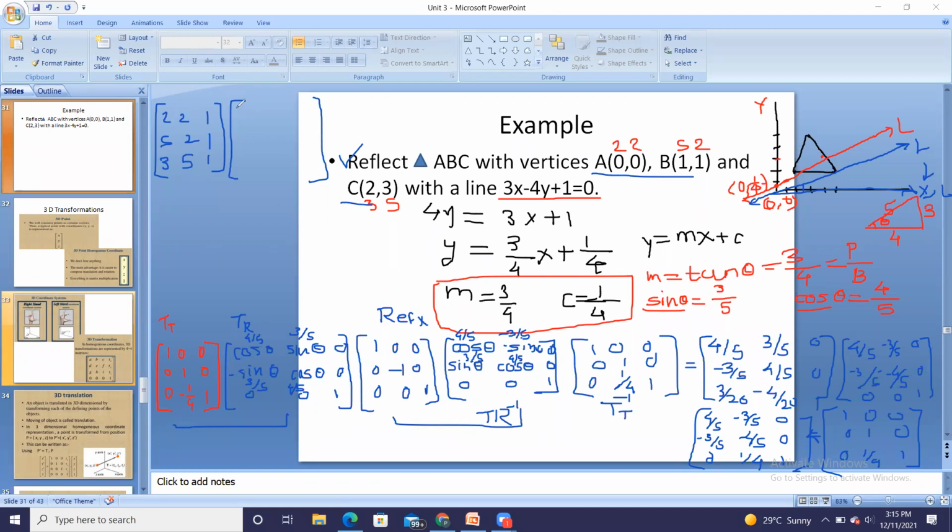So it is 7 by 25. Then first row, second column, it is 4 into 3, 12 minus 12 by 25, and again minus 12 by 25. So minus 24 by 25.